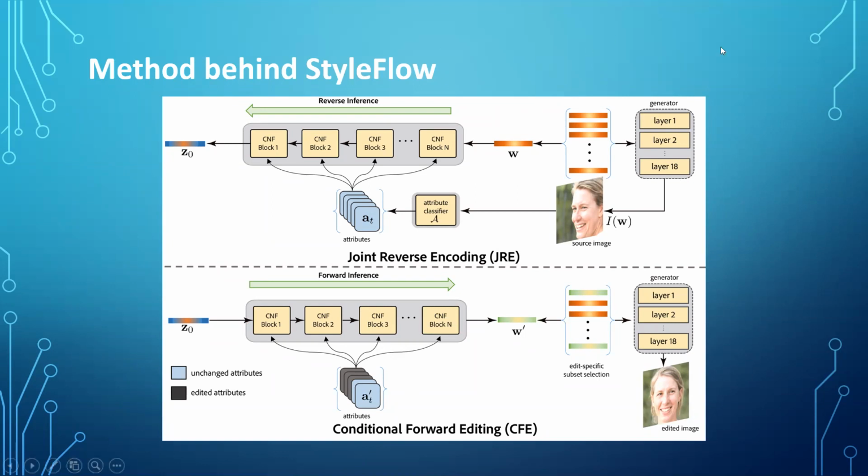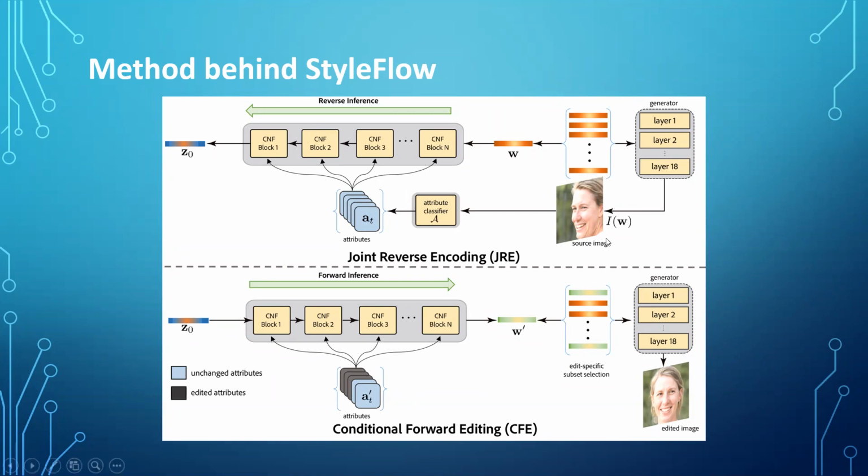In joint reverse encoding, it gets all the attributes that are present in the source image. The second part is conditional forward editing, where it adds or replaces attributes to change the image based on what needs to be changed.